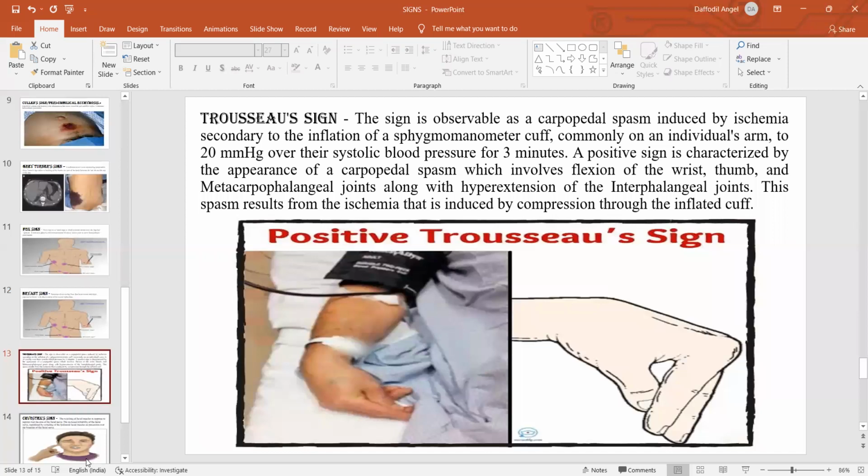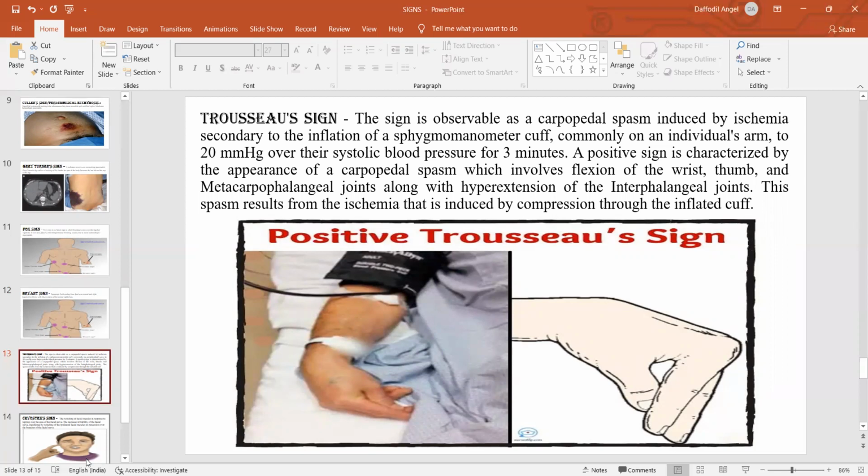And the next is Trousseau sign. The sign is observable as a carpopedal spasm induced by ischemia secondary to the inflation of the sphygmomanometer cuff. Here we have to use the BP cuff and inflate it to 20 mmHg over the systolic blood pressure for 3 minutes.